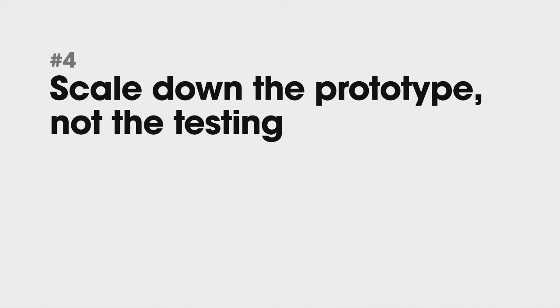And the fourth thing then, in the planning phase, is to scale down the prototype rather than the testing itself. Because sometimes I've heard people say that, well, our prototype isn't ready for testing, or we have to make a much more complicated prototype if we're going to test. But prototypes can have so many different forms, and typically you can think there's two axes here.